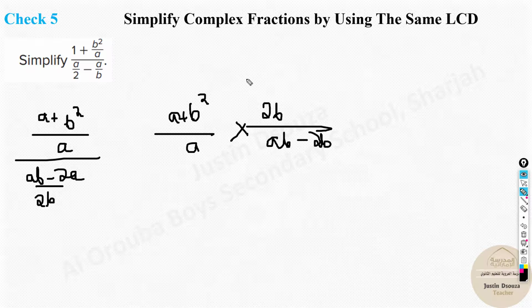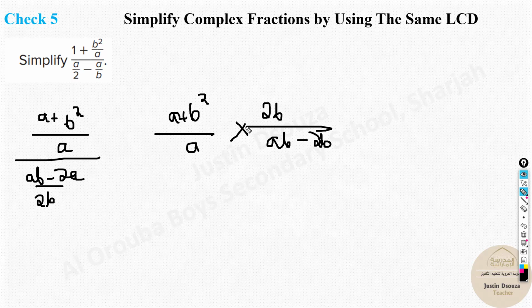I hope this is clear. Instead of writing this divided by this, I've directly done the multiplication. So what you need to do is a plus b squared by a. This remains as it is, the numerator of the complex fraction, but the denominator of the complex fraction, that flips. See, this 2b comes up, this goes down.